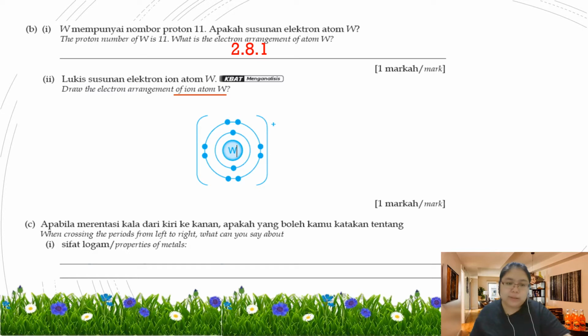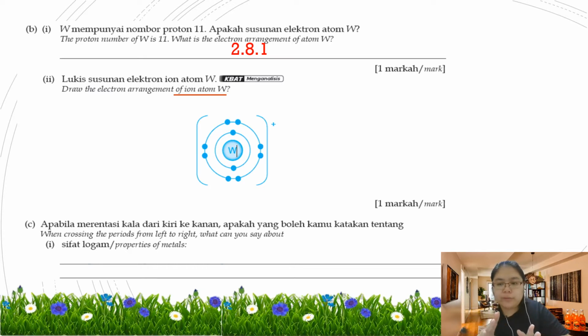Now we go to C. When crossing the period from left to right, what can you say about the properties of the metal? First, the proton number increases. But the question asks about the metallic properties. The left-hand side should be metal.